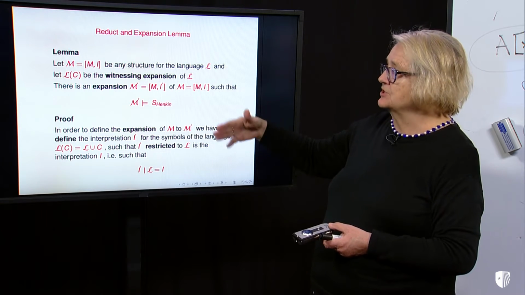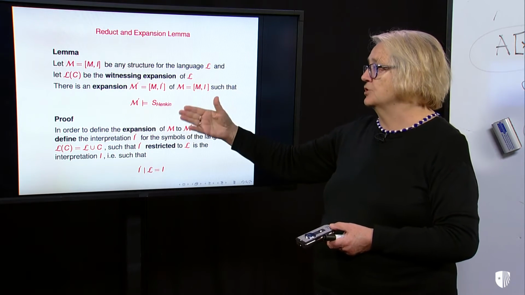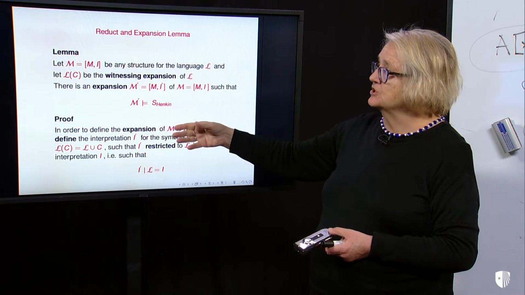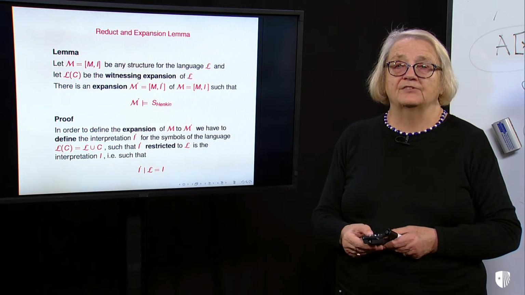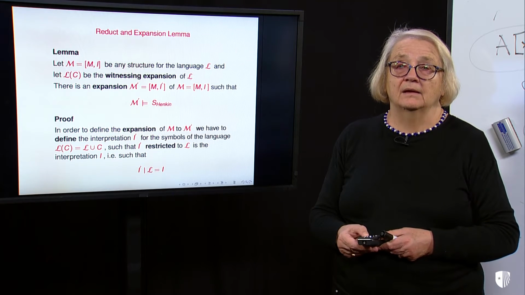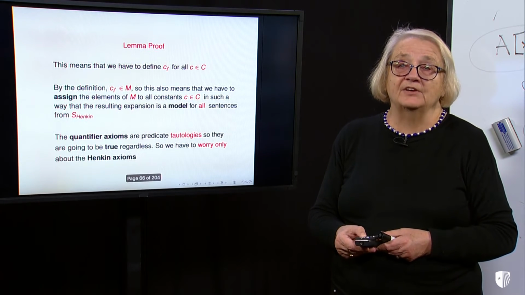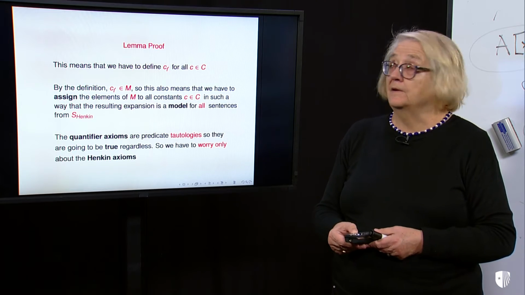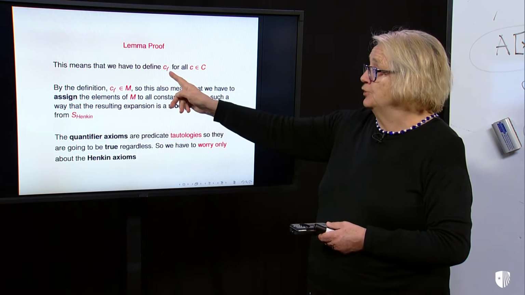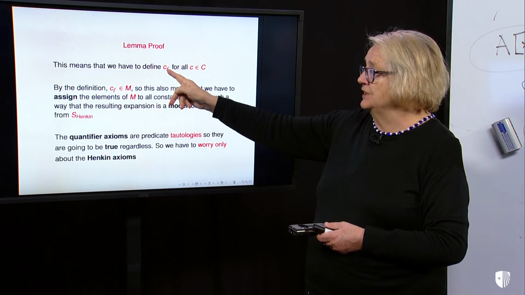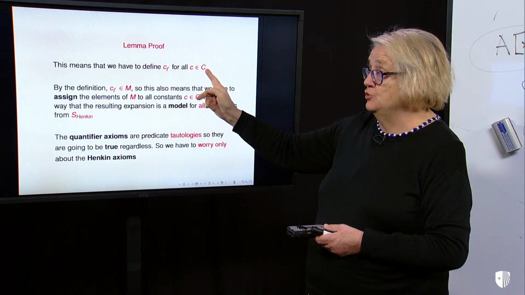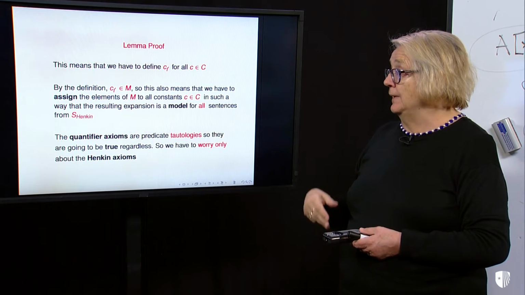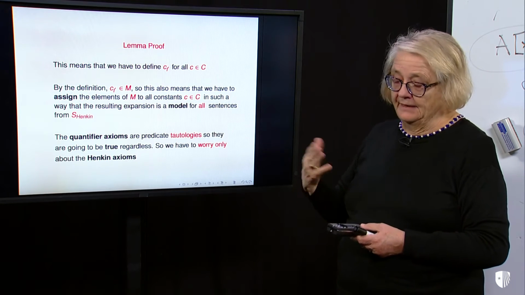You define the witnessing expansion, and then you show that the witnessing expansion is a model for any Henkin set, which means defining the interpretation of any new constant c in a proper way.